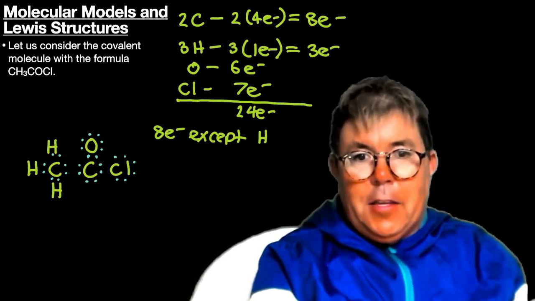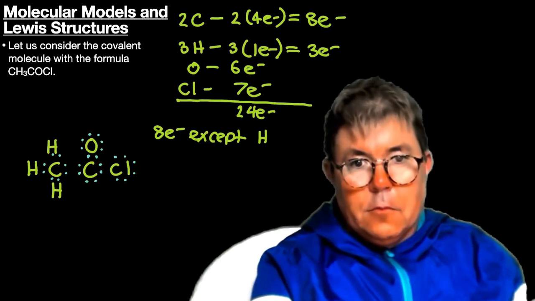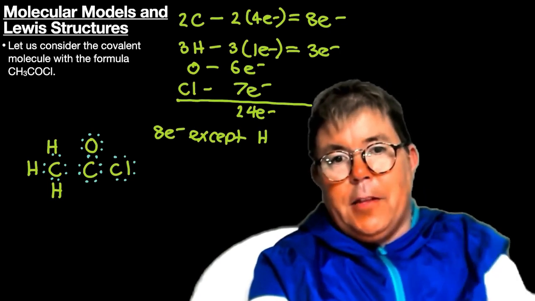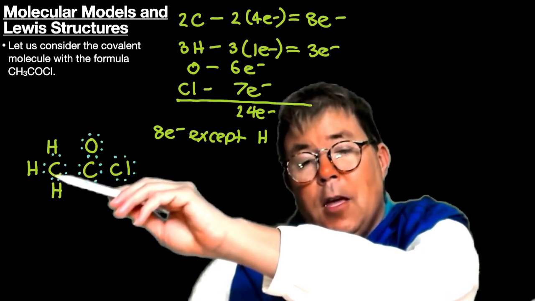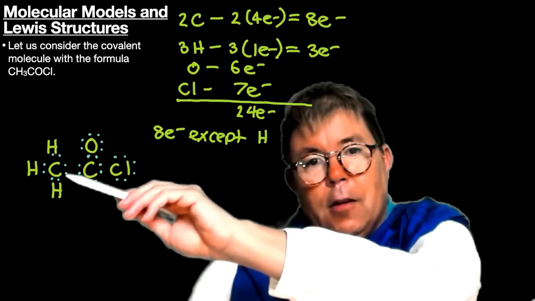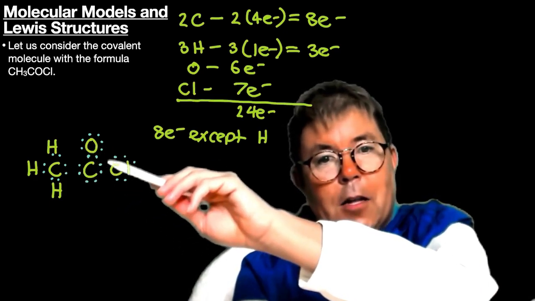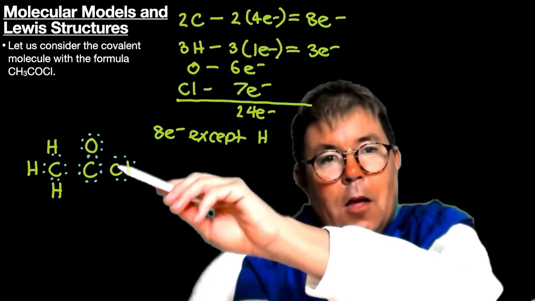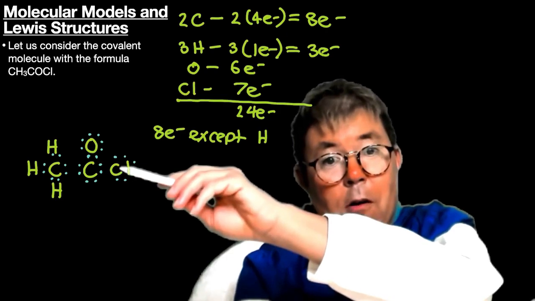So now let's count the dots that I made. If you look at the carbon on the left, there are 8 dots. There are 8 dots around the oxygen. There are 8 dots around the chlorine. 3 times 8 gives us 24.